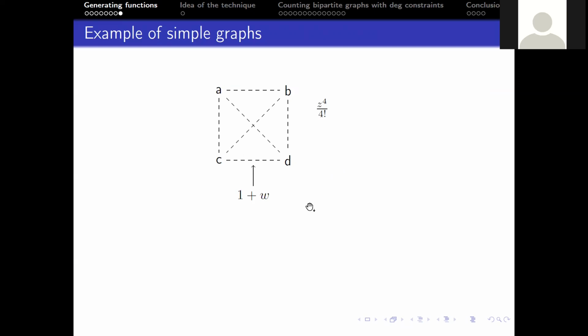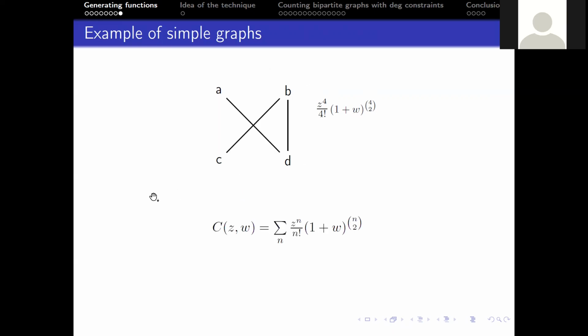And so this corresponds to this generating function, either nothing or an edge. And we have, remember, 4 choose 2 possible locations. So we need to multiply this quantity by 1 plus w to the power of 4 choose 2. And so if we generalize this again to every number of vertices possible, we obtain this formula right here.